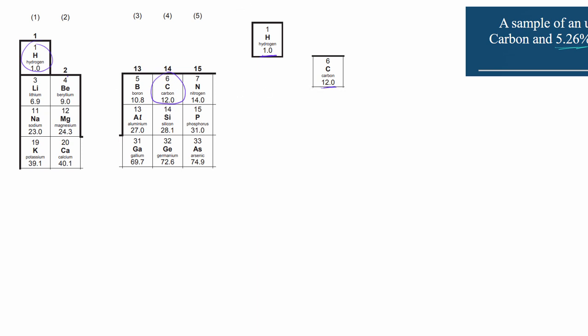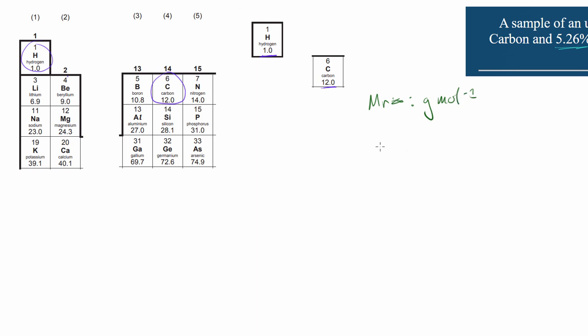So I'm just going to write this down here just to make clear what my working is, right? So in this case, Mr is going to be, as you saw previously, in grams per mole, right?